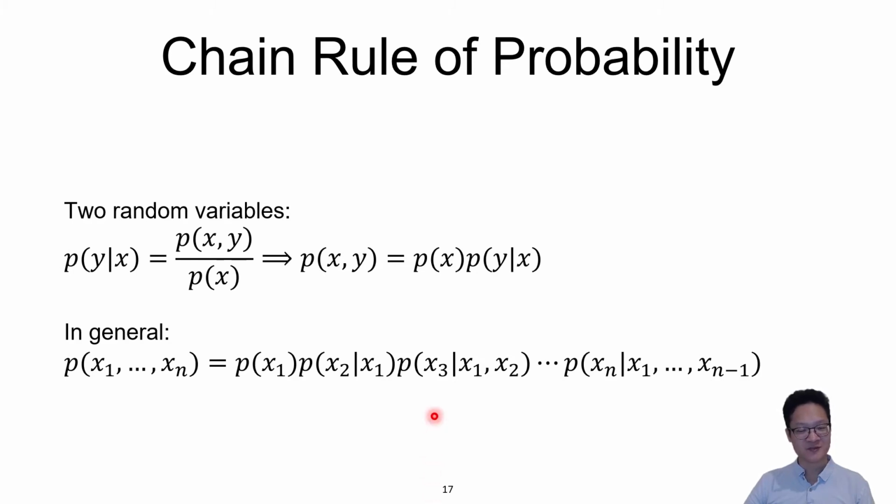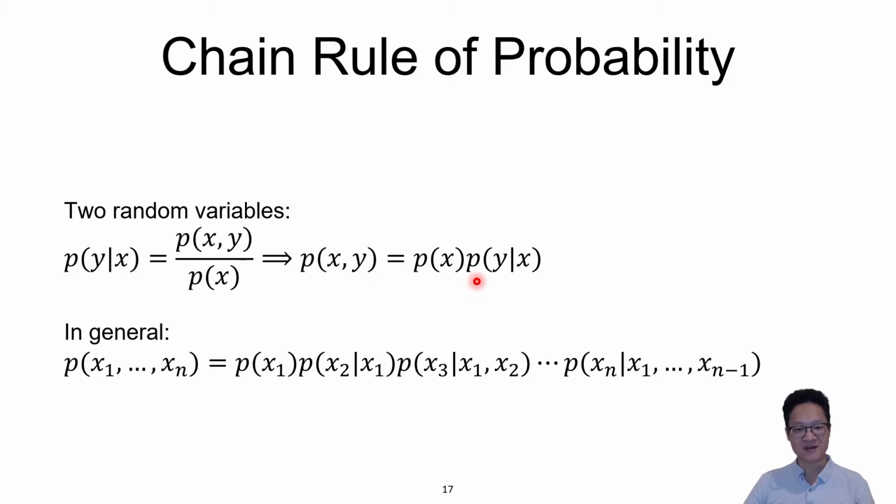Next, the chain rule of probability, which is very, very useful. It actually comes from the conditional probability distribution. So this is what we defined: P of y given x equals P of x, y over P of x. If you rearrange this equation by multiplying P of x on both sides, you would just get P of x, y equals P of x times P of y given x.